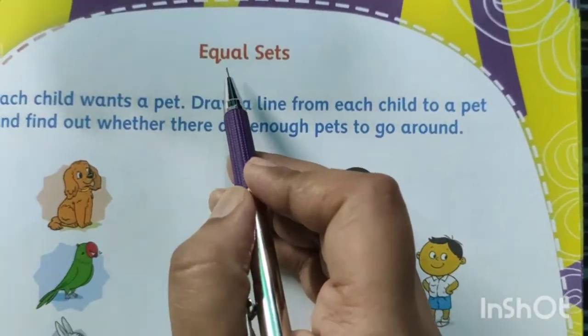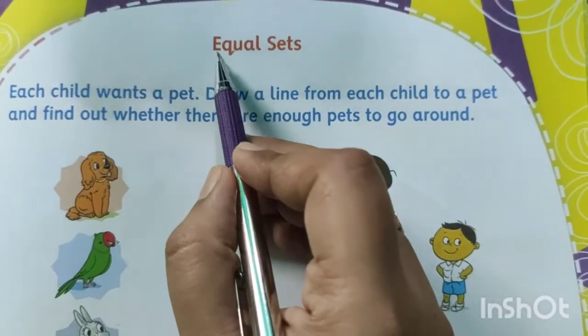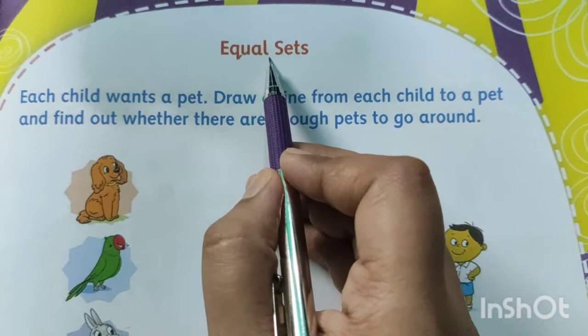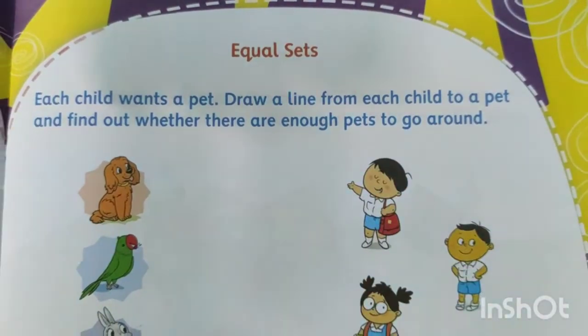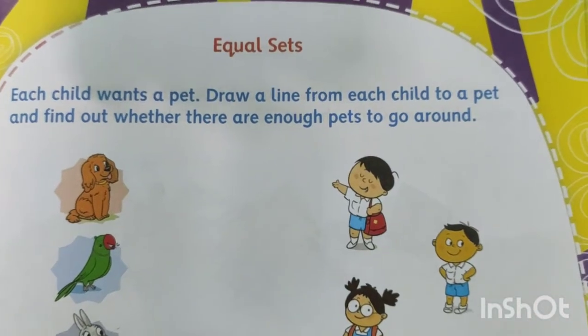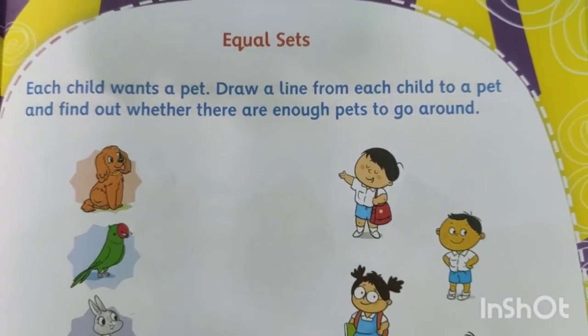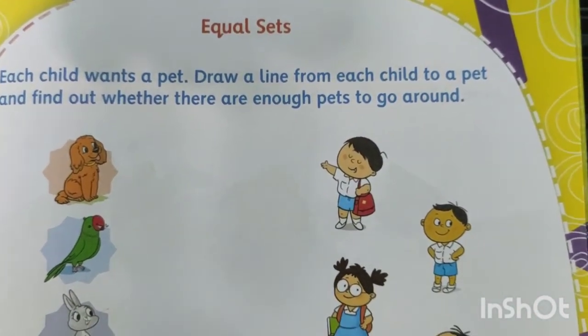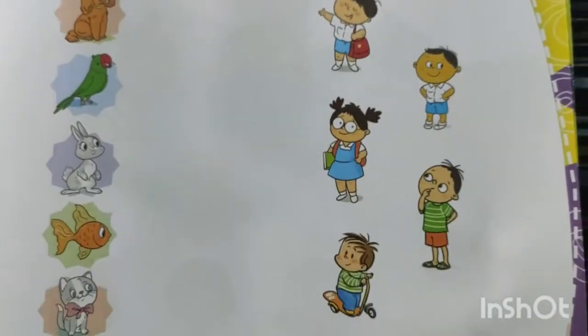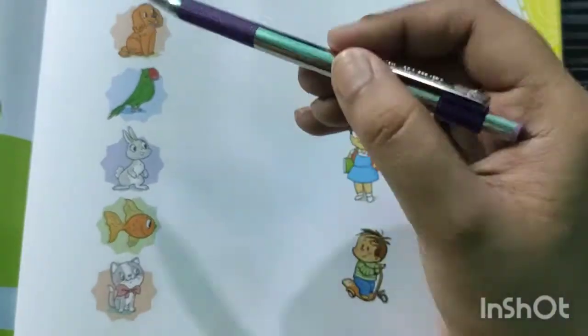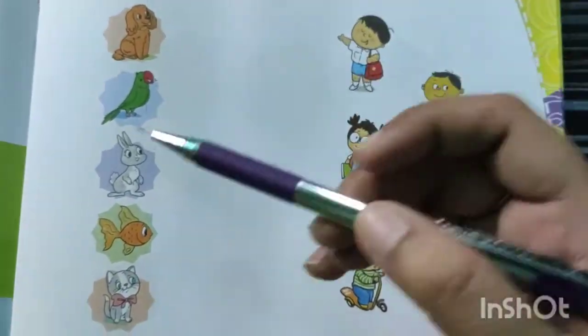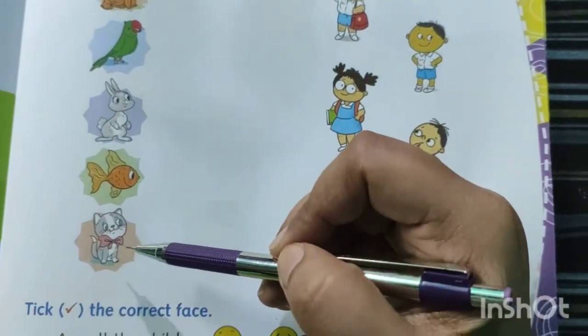Chapter is equal sets. EQUAL, equal sets. SETS, sets. Equal means I already mentioned to you that 2 sides will be same. Okay, now see the picture, that left side some pets are there, that dog, parrot, rabbit, fish and cat.